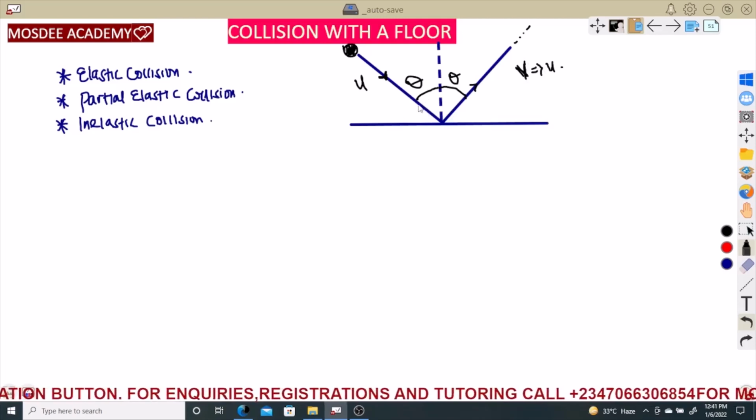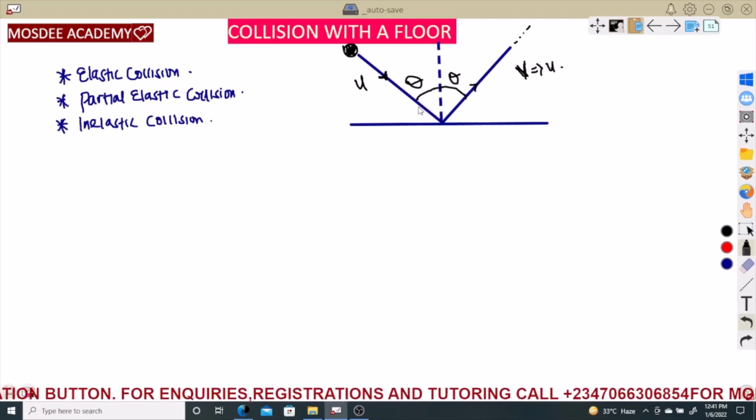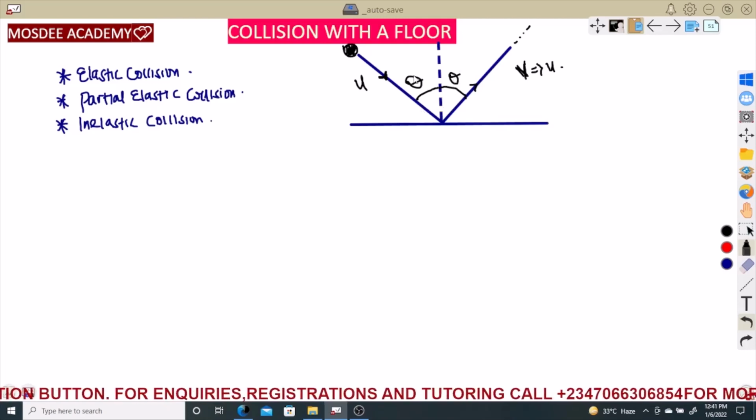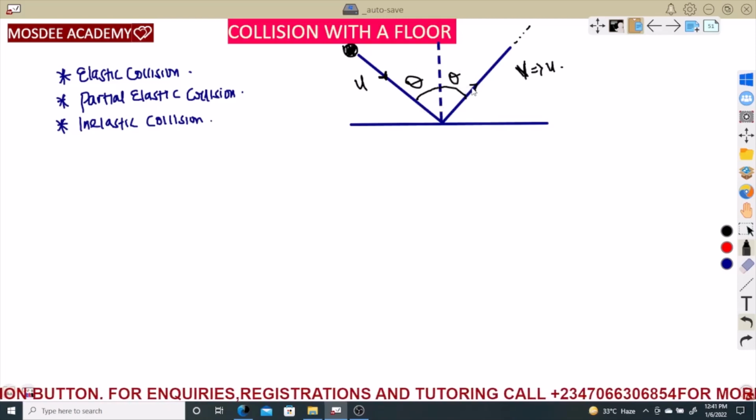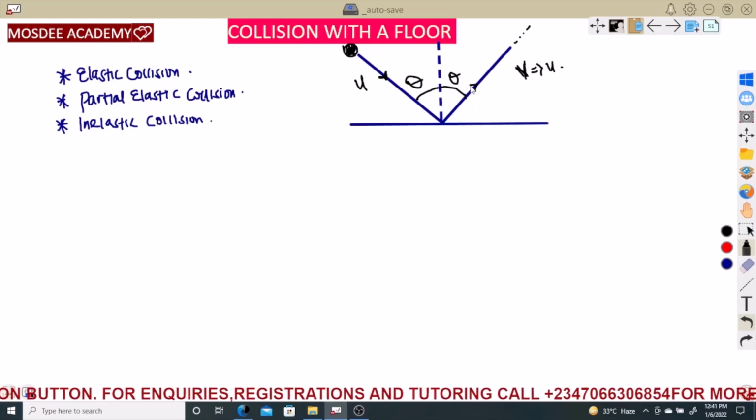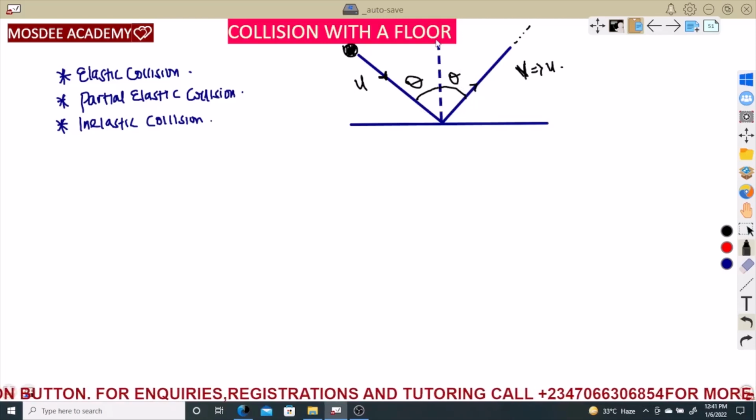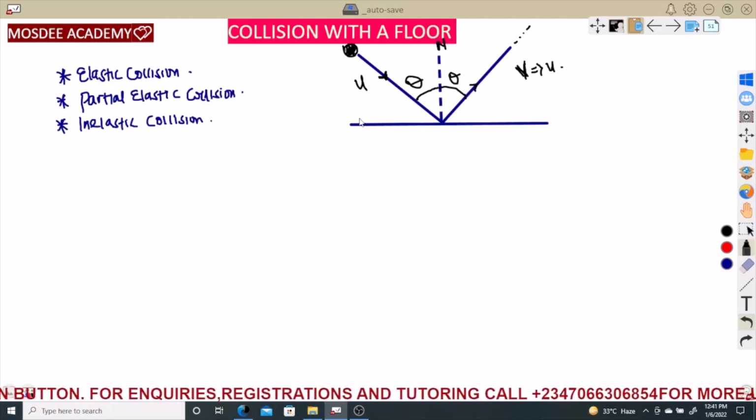The angle at which it is moving up is also the same. So this is the normal, and this is the ground, the floor.